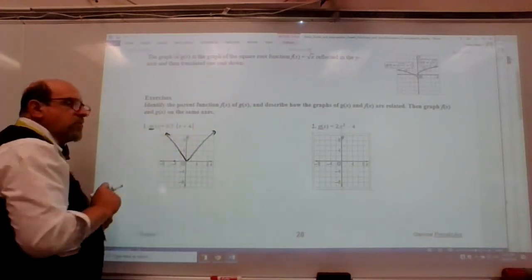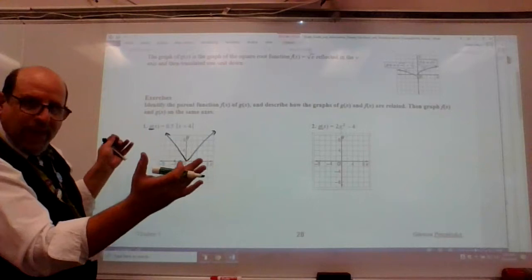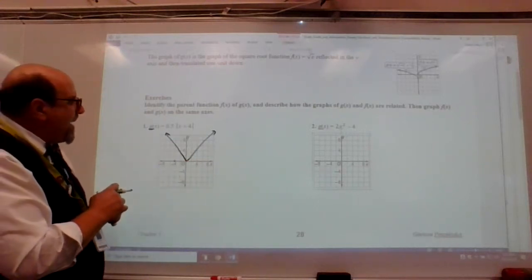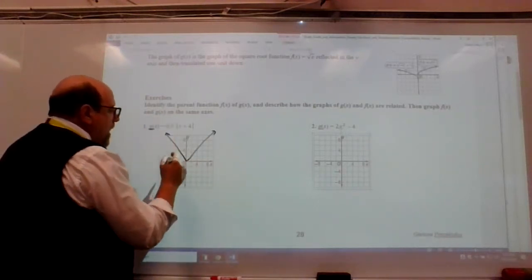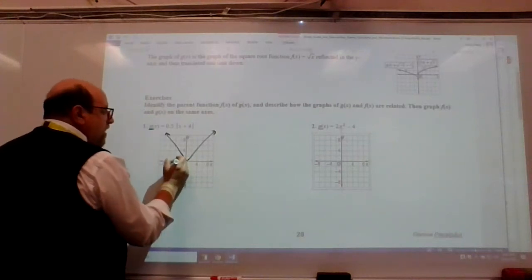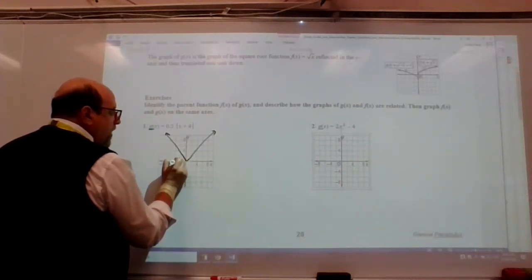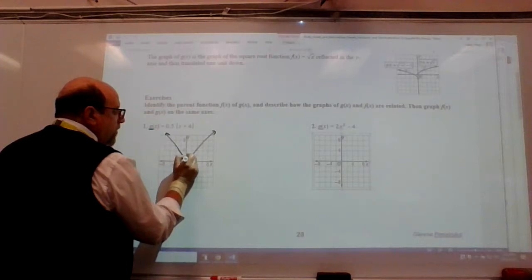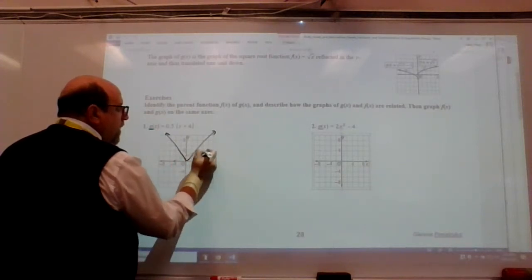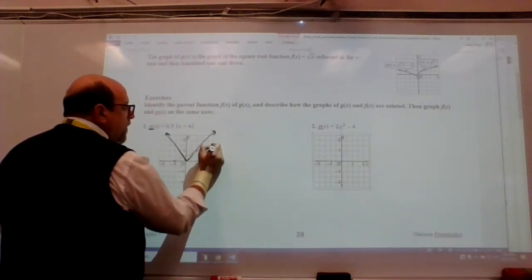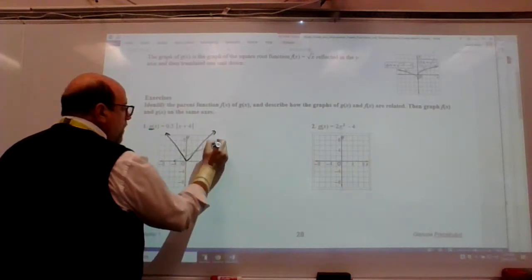But what else is happening? It's being expanded, right, by a half. It's being multiplied by a half. So instead of a slope of 1, it's going to be a slope of a half. So I'm going to go there, and there, and there, and that gets right about there.